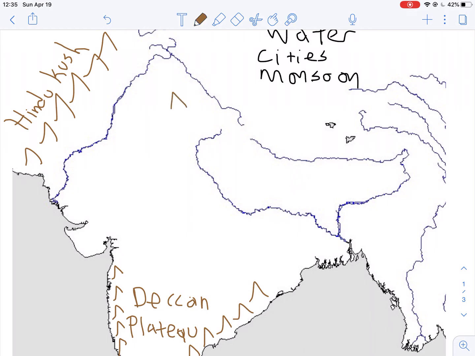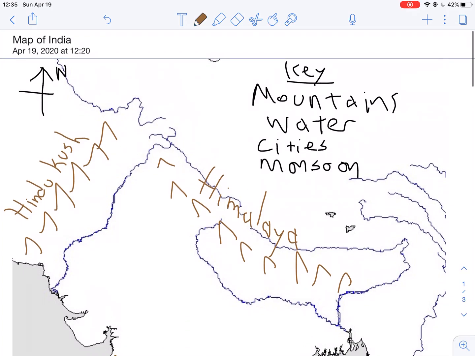So these mountains, they're the Himalayas. And these are going to be causing a great deal of influence in India. So we'll want to make sure in our key that we show that our mountains are all in brown.